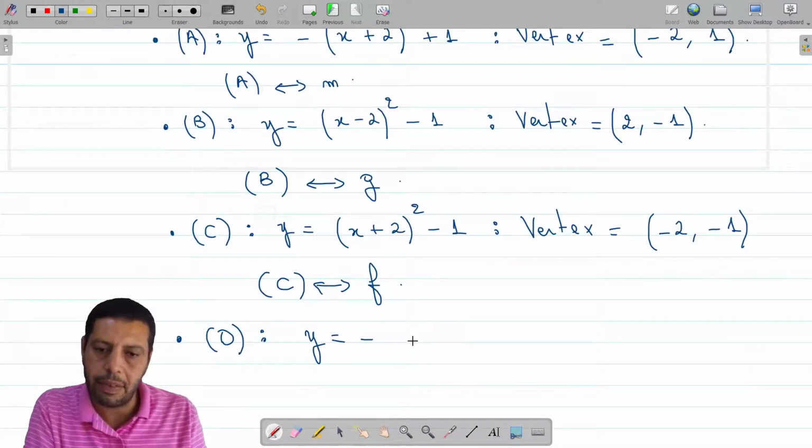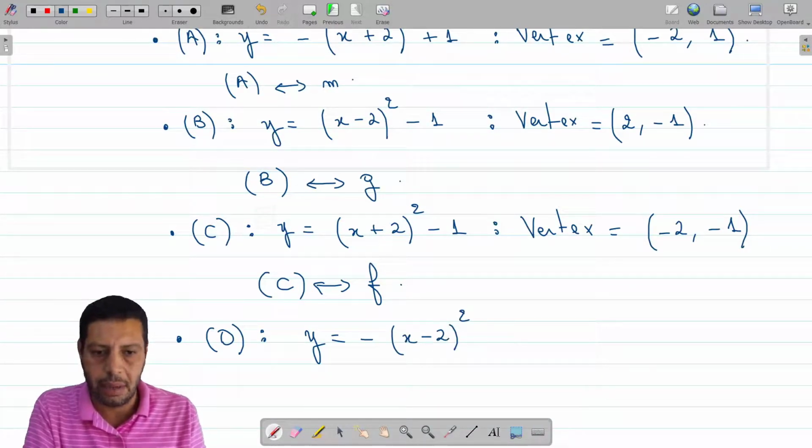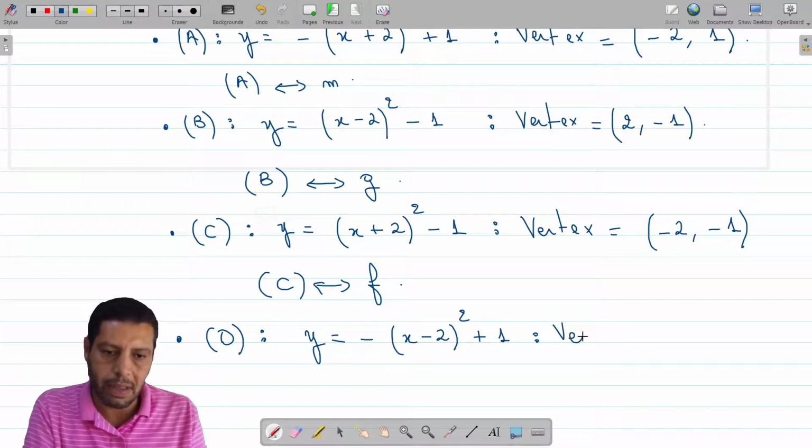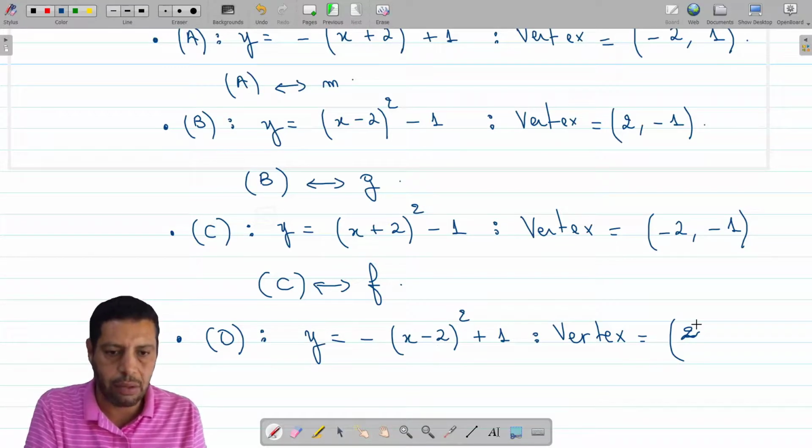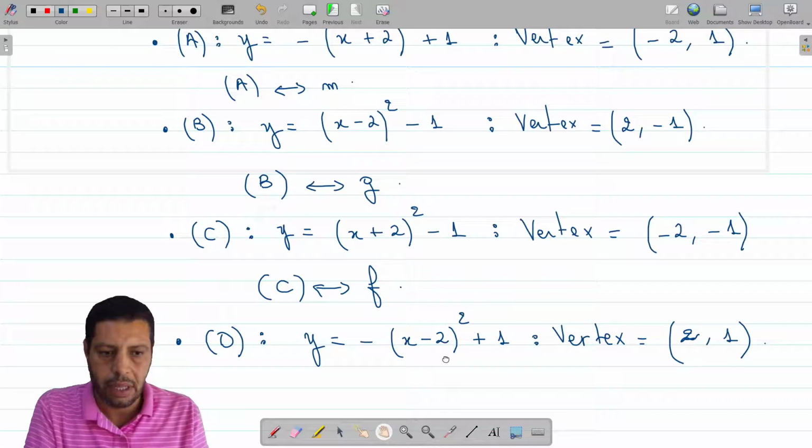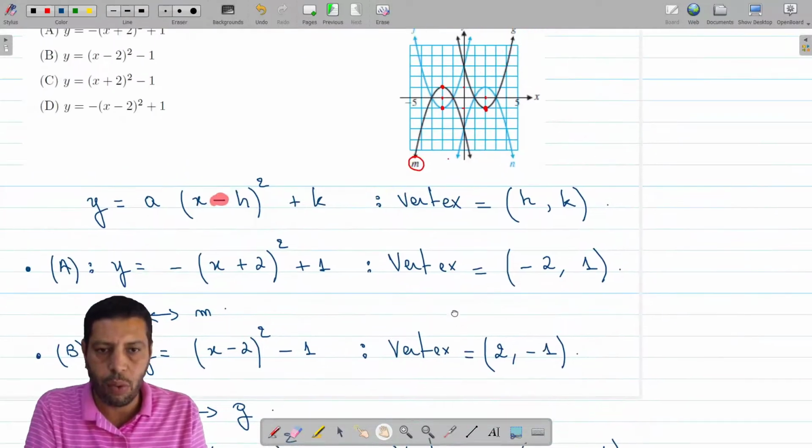The vertex point is (2, 1), because we have minus 2, so the h is 2, and 1 for k.